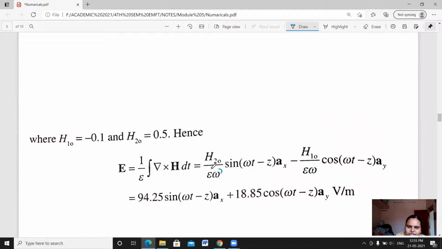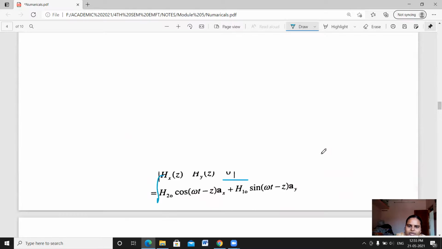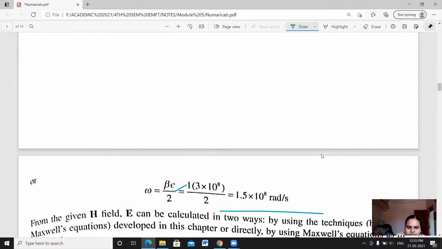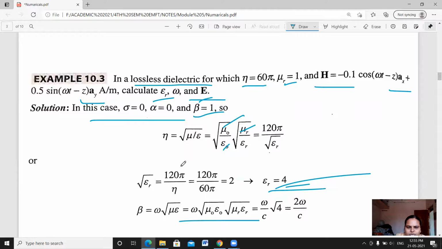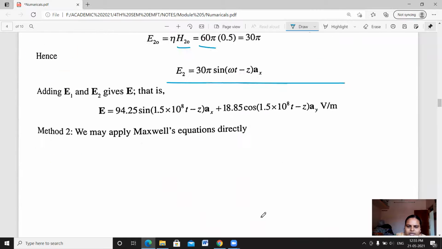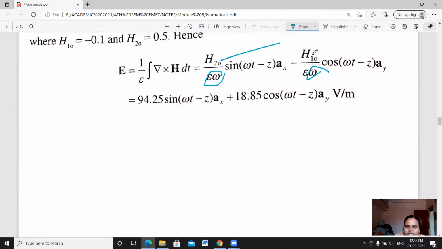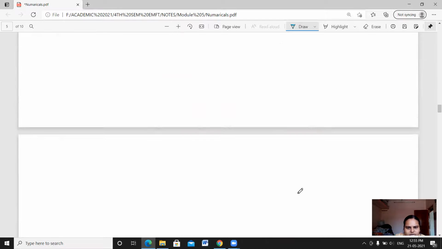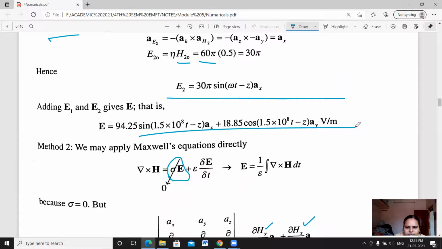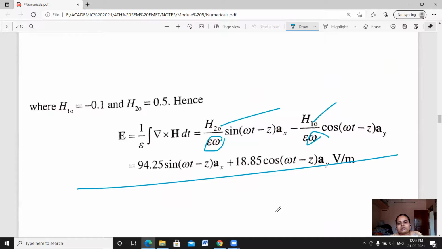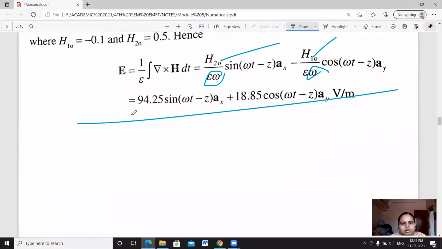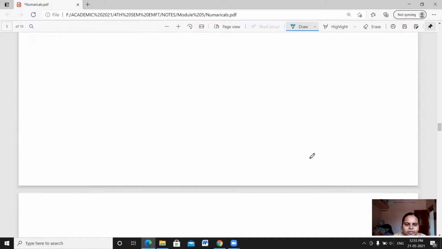Just substitute for ε and ω. We already got the values for ε and ε_r. Substitute for H20 and H10, and you will get the same equation that we got in the first method. Which one is easy for you? You can choose that method and solve the problem.